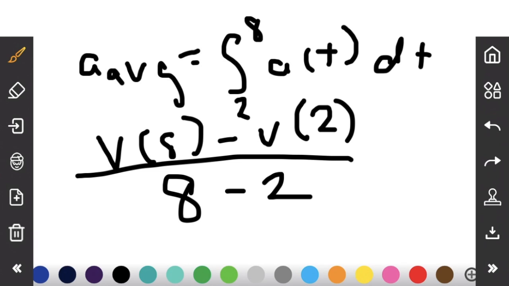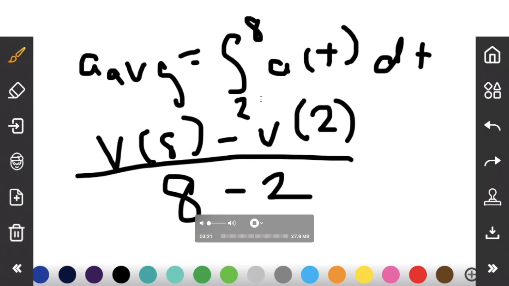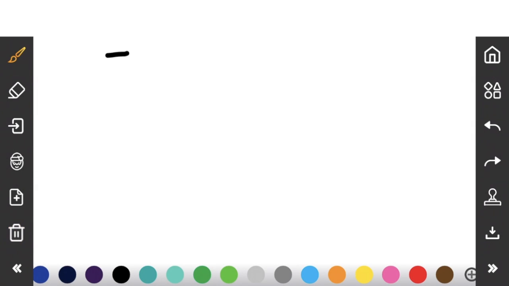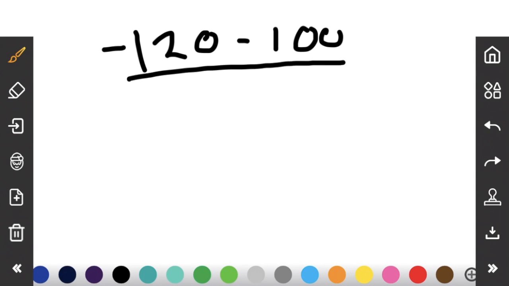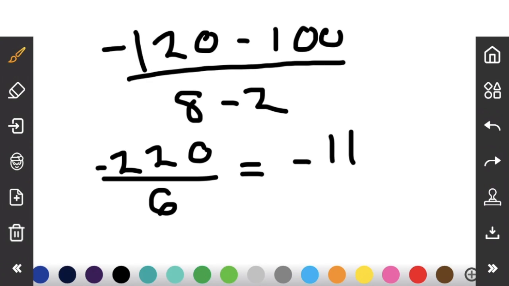And if you look at the table, it's going to be negative 120 minus 100, over 8 minus 2. So that'd be negative 220 over 6, which can be simplified to negative 110 over 3.